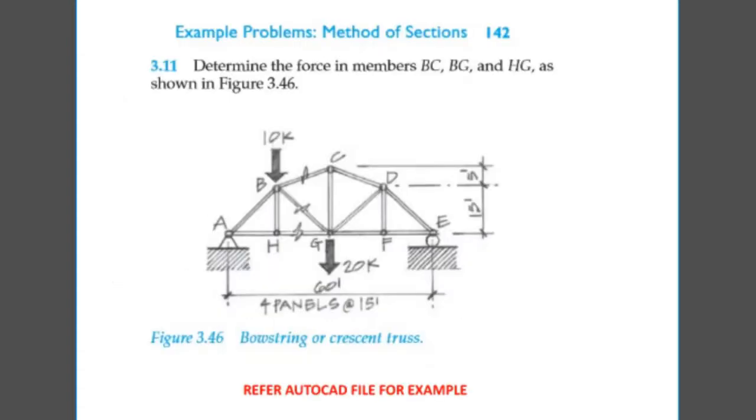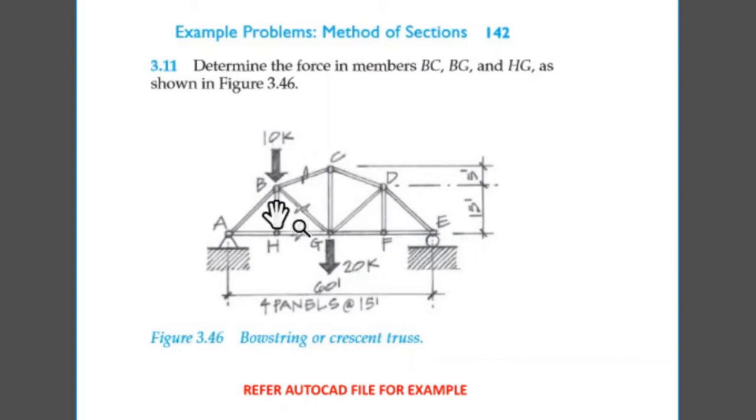You can find this example on page 142, example problem 3.11. It reads that we are to determine the forces in members BC, BG, and HG, as shown in figure 3.46. Notice that in this problem, we don't have to really compute all the members in the truss diagram.